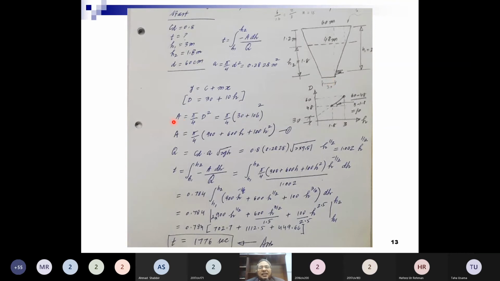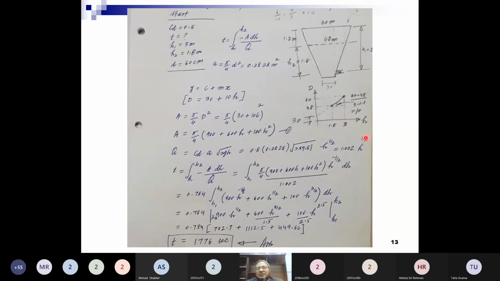Now compute capital A. This is pi by 4 d square, means pi by 4 times (30 plus 10h) square. This is (a plus b) square, and opening it gives 900 plus 600h plus 100h square. Then the discharge would be equal to CD A root of 2gh, and put values in terms of h.